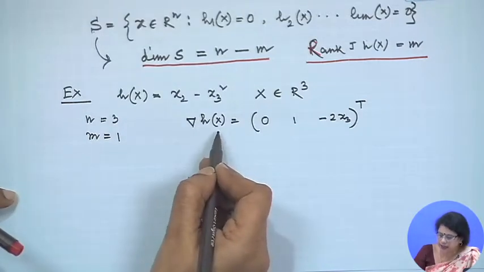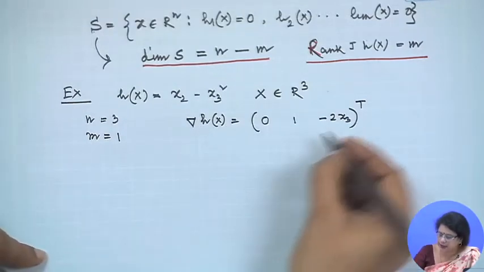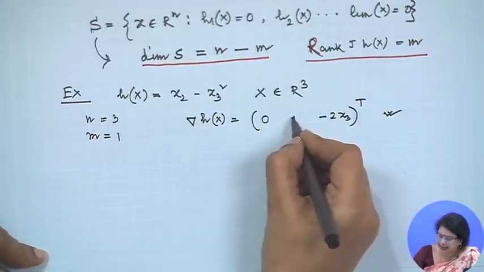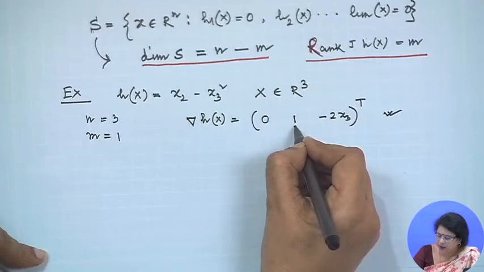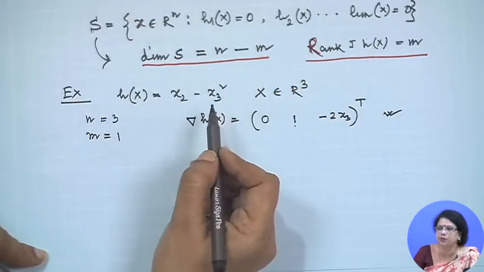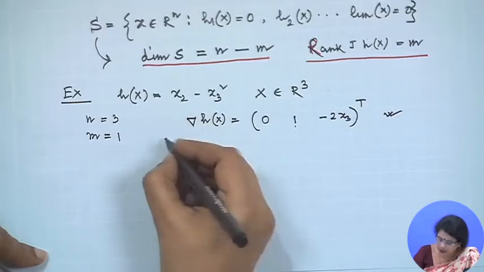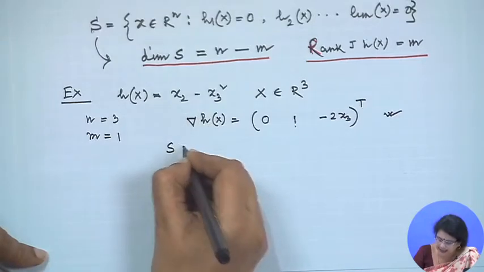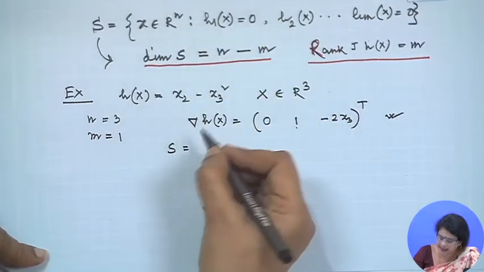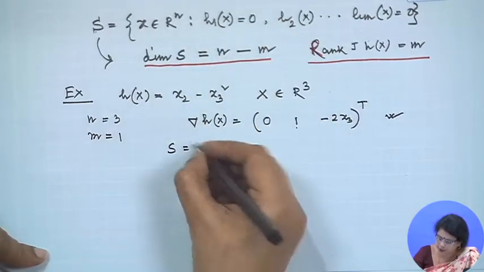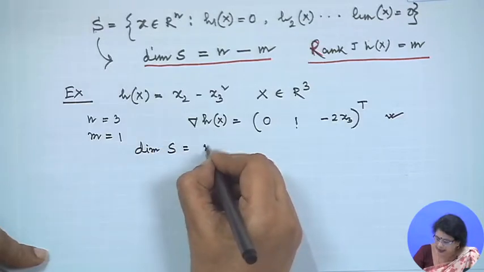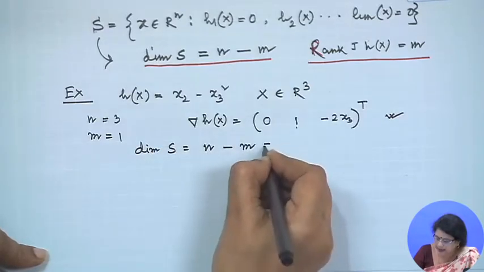What is the dimension of this thing? The dimension would be 2. That is why we can say that S, the collection of all x which satisfy the constraint, has dimension 2, that is n minus m.